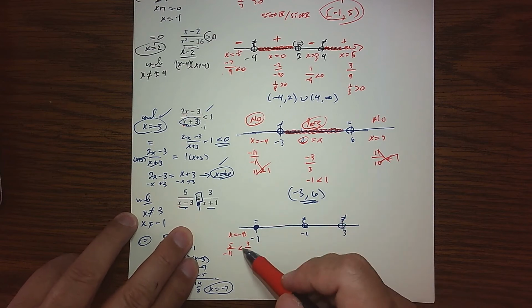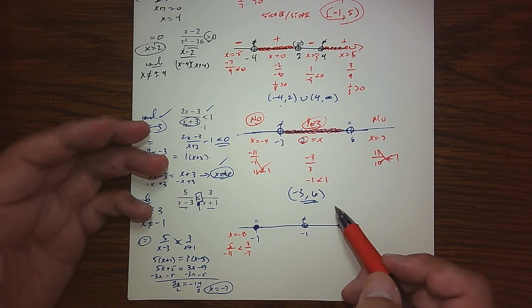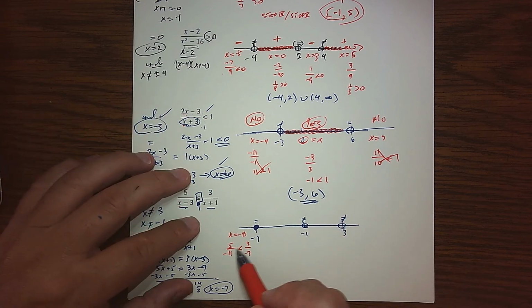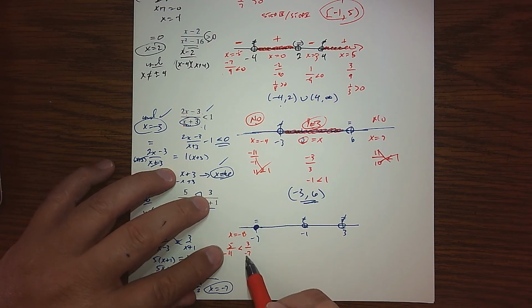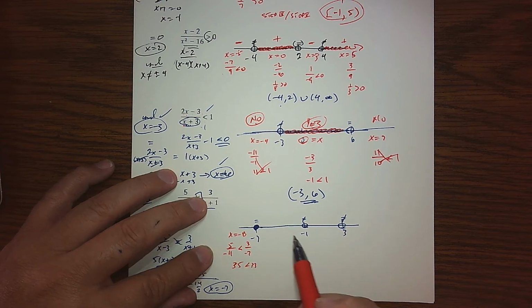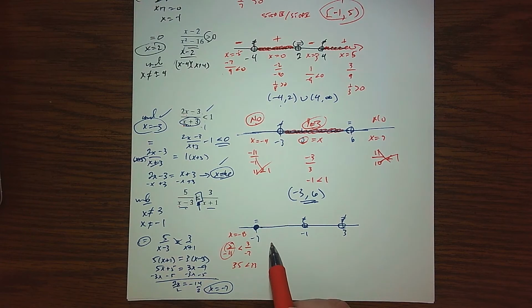So is 5 over -11 less than 3 over -7? Kind of hard to tell, but if we forget the negatives for a moment and do a quick cross multiplication, we get 35 less than 33. And so this means that this graph is actually to the left. I think we basically have our solution there.